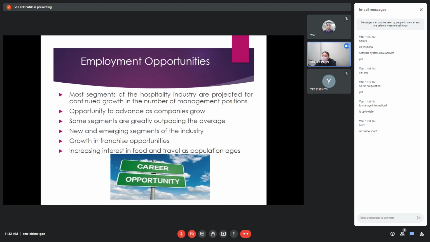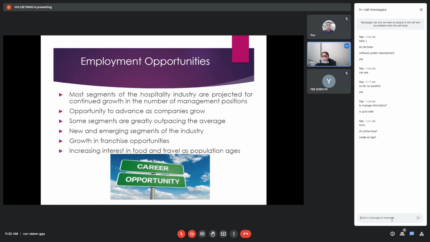Yeah, online shop. Like software system development, what you can do for the restaurant, for the hotel line. Create an app? Yes.